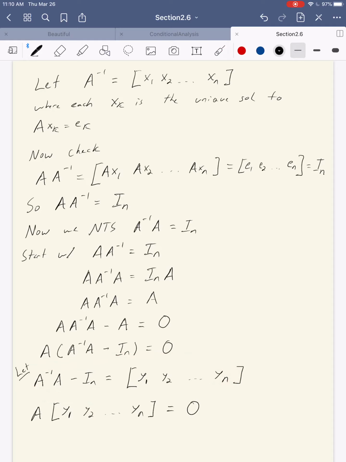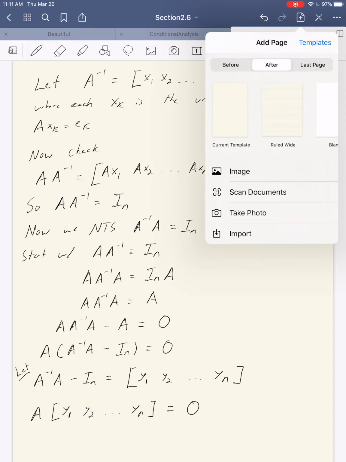Okay. All right, well, notice again how matrix multiplication works. The rows of this guy multiply onto the columns of each. So what we end up with, again, we're going to need an extra page. Did not think about how long this proof really was. Once we have that, let's just rewrite what we had. We had A and then those y1, y2, down to yn is equal to the 0 matrix over here.